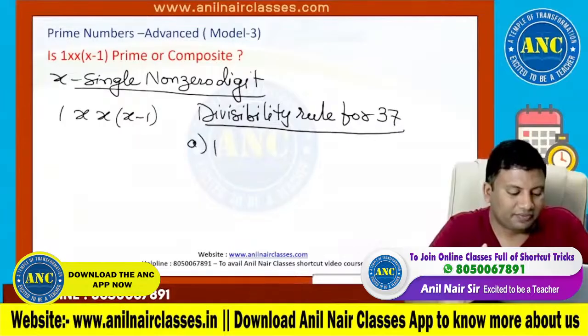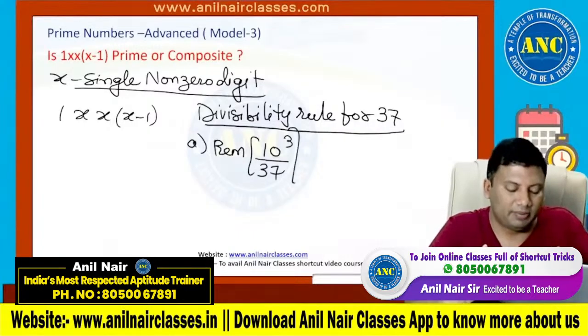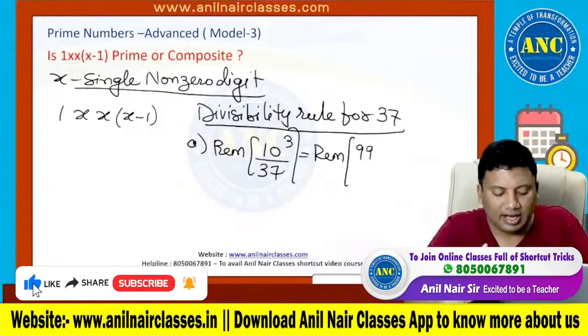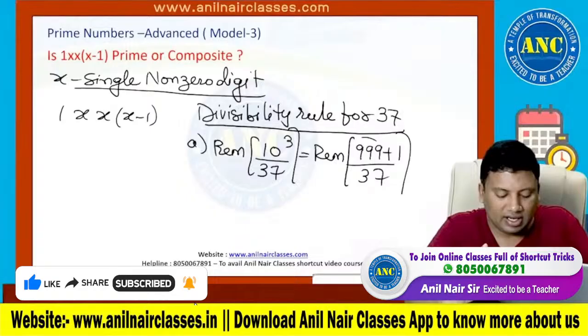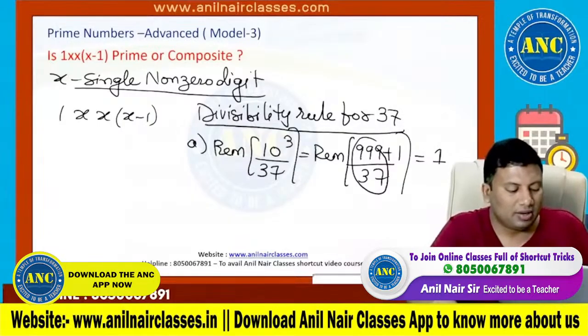First one, the remainder when 10 cube is divided by 37. 1000 divided by 37 is nothing but 999 plus 1 when divided by 37. 999 is perfectly divisible by 37. So the remainder is 1.